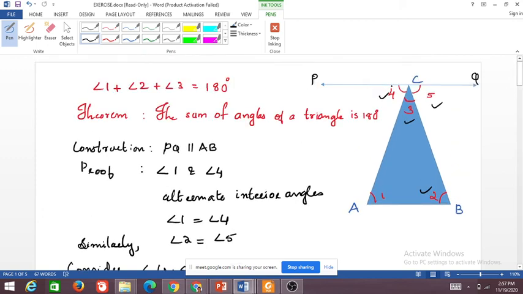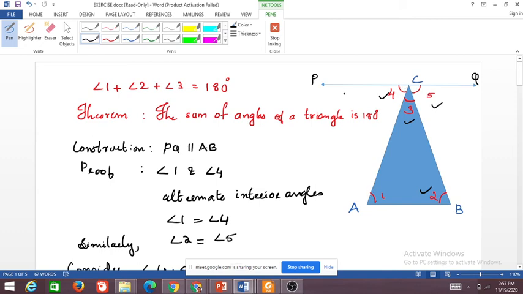That will be a straight angle, we can say from looking itself, and by the linear pair axiom, if a ray is standing on a line, then the sum of adjacent angles will be 180 degrees, right?